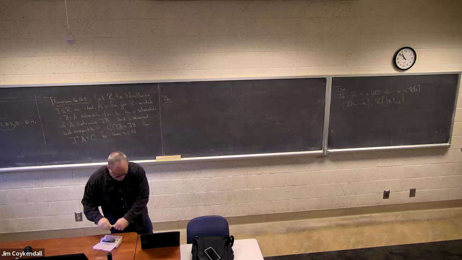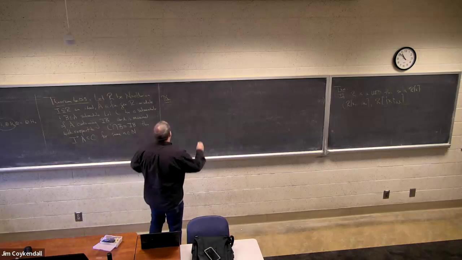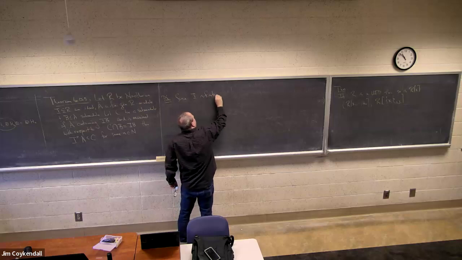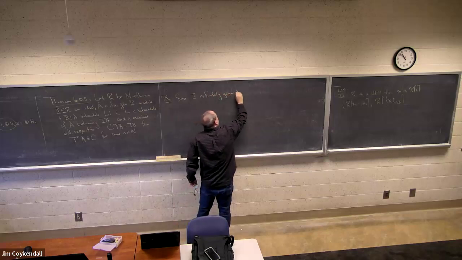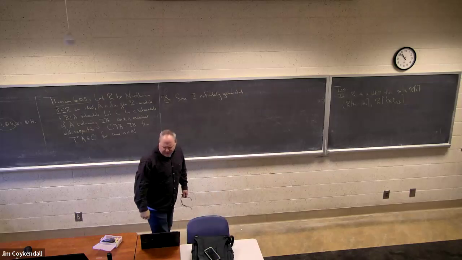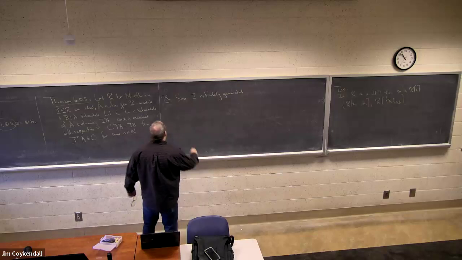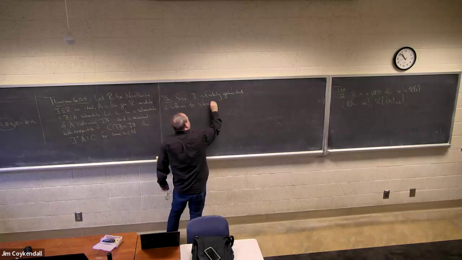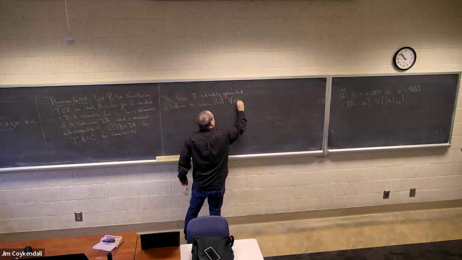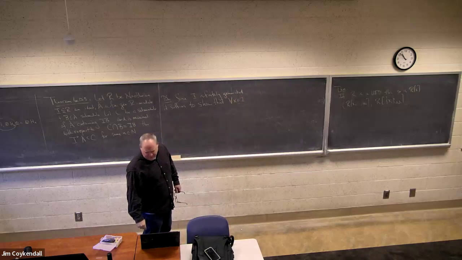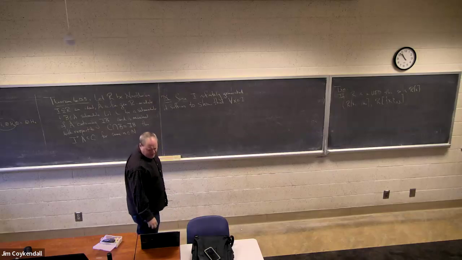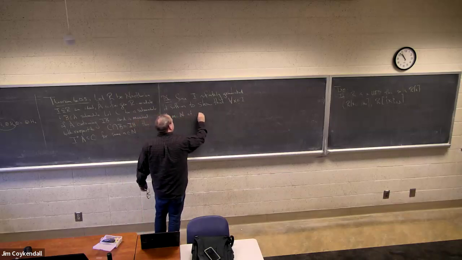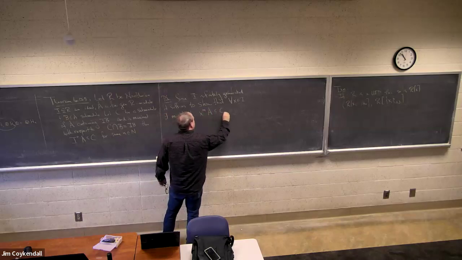Since I is finitely generated, it suffices to show that for all x in I, there is m and n such that x to the m times A is contained in C.